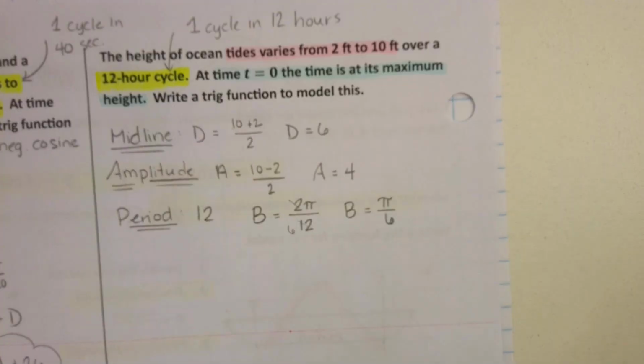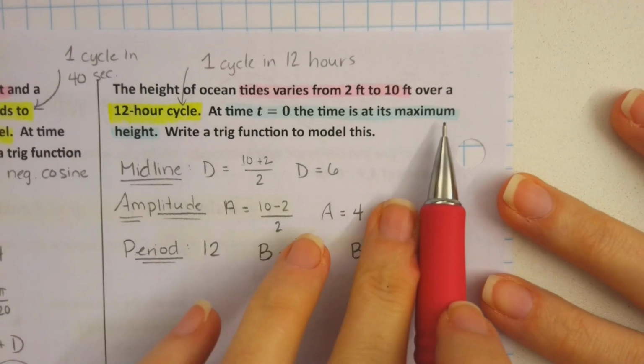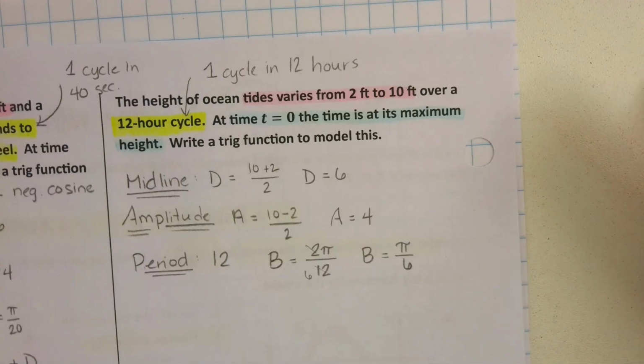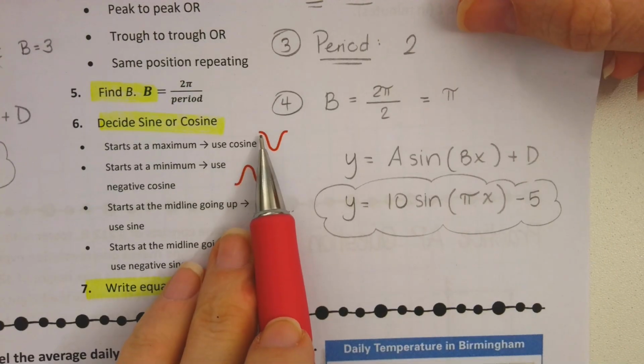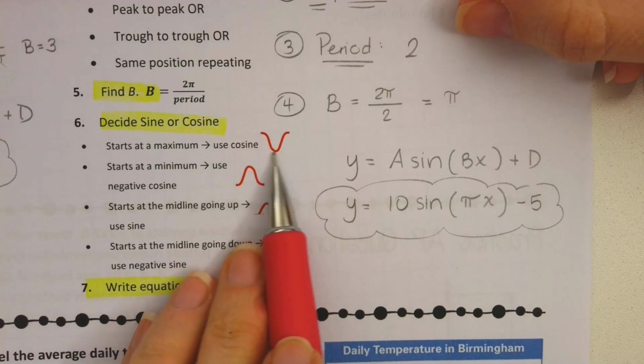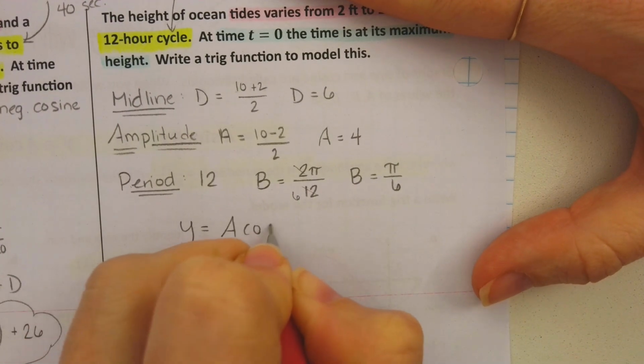And then figuring out what trig function this is. The fact that they say it starts at its maximum is what's going to help us. If it had started in the middle, that would be a sine function, because sine functions start at the midline. The only one that starts at the maximum is going to be regular old cosine. I'm going to write down just regular old cosine, not negative cosine.